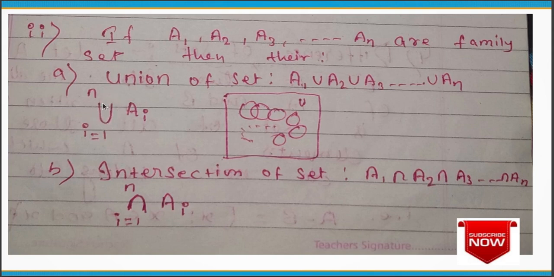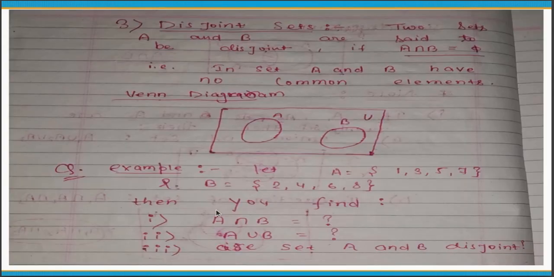You can write this like a summation: the union from i equal to 1 to n of Ai, over n sets. Similarly, you can write the intersection of A1 intersection A2 intersection A3 as the intersection from i equal to 1 to n of Ai.